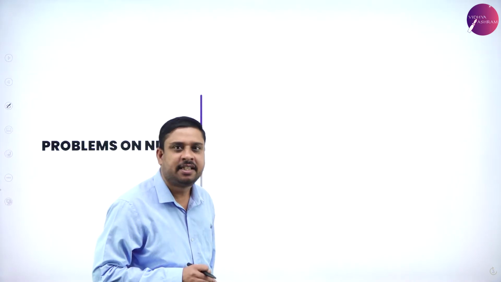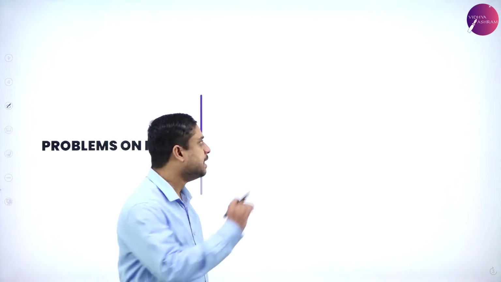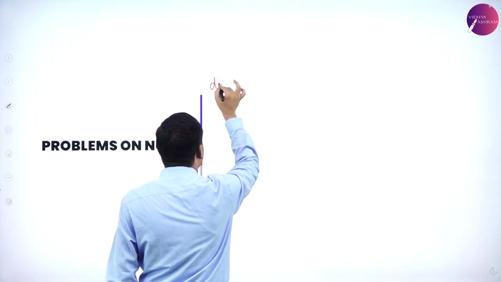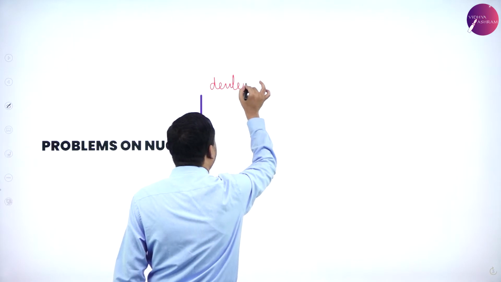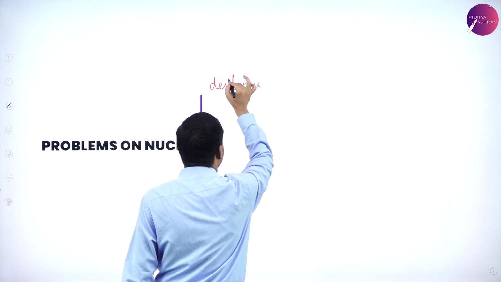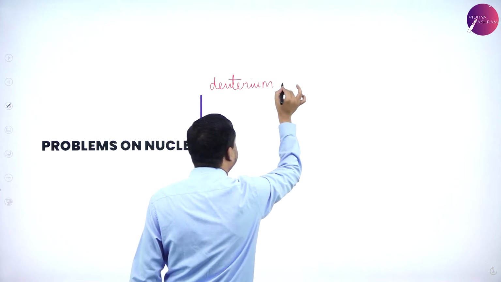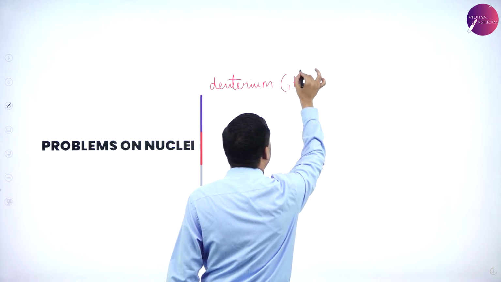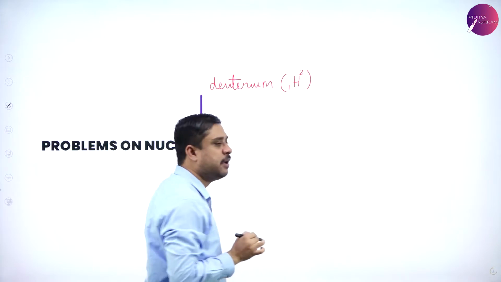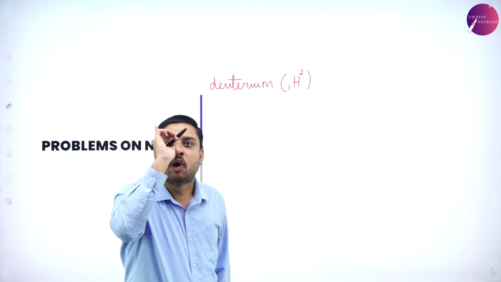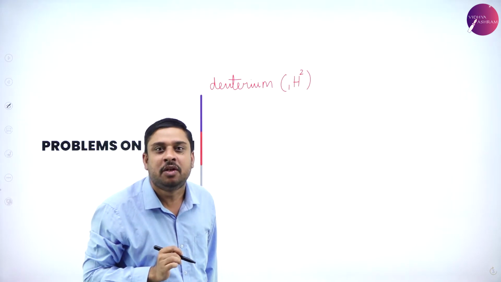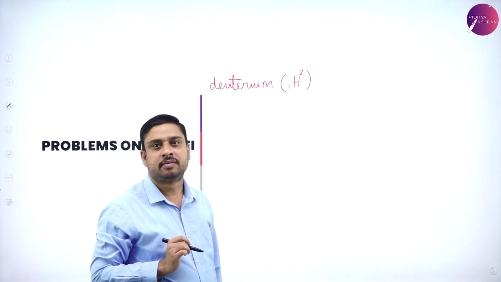To begin with, deuterium is H12, which has one proton and one neutron.